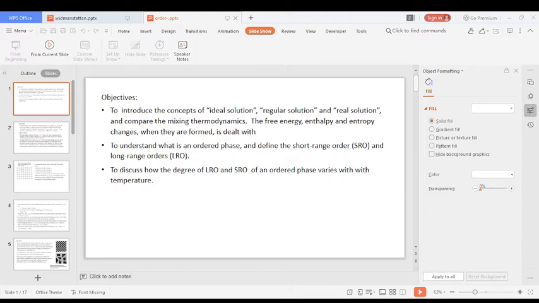Therefore, for the regular solution, we have the free energy change of mixing. Delta G mixing is equal to delta H mixing minus T delta S mixing. So the delta H mixing here is equal to omega times XA and XB, and then you have the term T delta S mixing with a negative sign, and that is equal to RT times (XA ln XA plus XB ln XB), where XA and XB are the mole fractions.